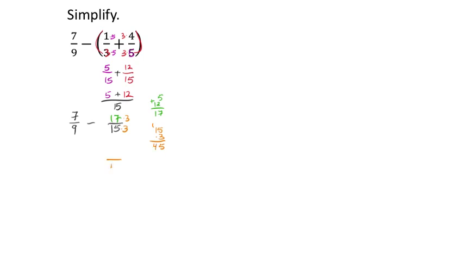That's our new denominator. But then we've got to do 17 times 3. 7 times 3 is 21, carry the 2. 3 times 1 is 3, but add the 2, makes that 5. So 51/45ths from the 17/15.